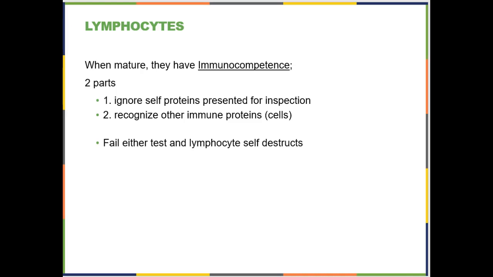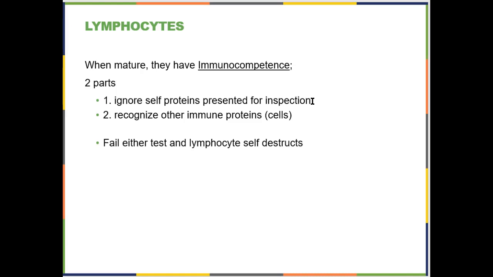The maturation process involves developing what is called immunocompetence. So all of your immune cells need to be able to ignore proteins that are supposed to be in the body. So they are not supposed to treat your own cellular proteins as antigens. At the same time, they need to be able to properly interact with other cells or other proteins in your immune system so that they can communicate with each other.